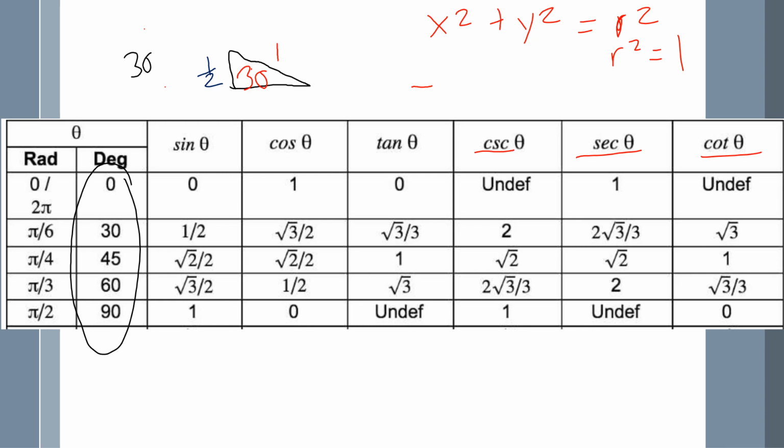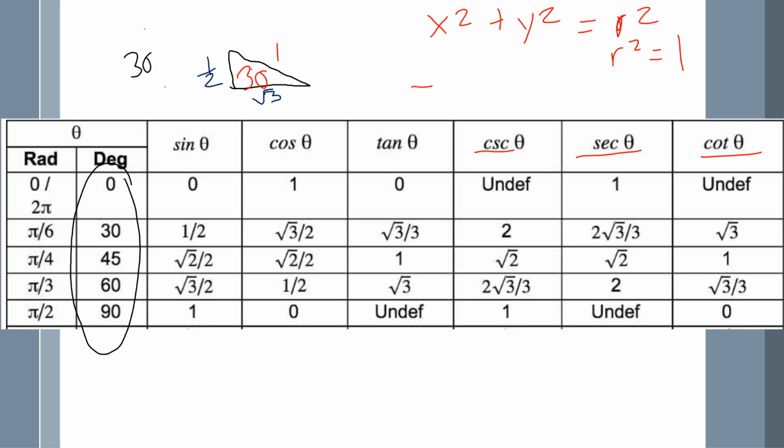So let's do the long leg. The long leg, we know from a 30 degree is the square root of 3. But remember, the long leg of a 30-60 triangle is short times the square root of 3.